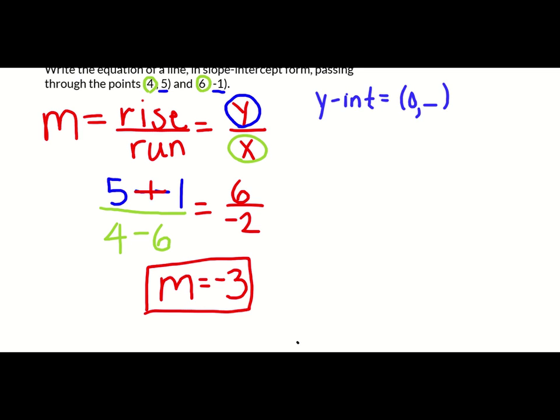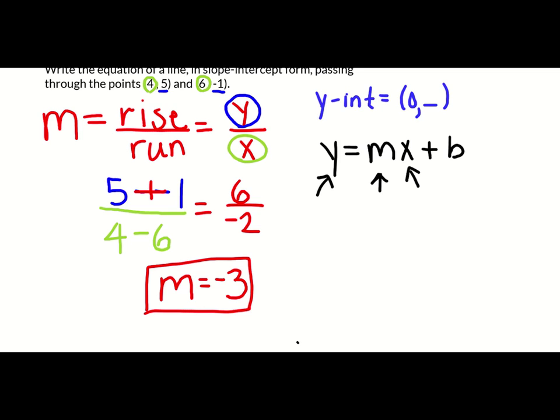So that alternative process is going to come from the slope-intercept form of an equation. y equals mx plus b. So what we need to do, we need to figure out what b is. So we're going to plug in a number for y, m, and x and solve an equation to figure out b, the y-intercept of our line.